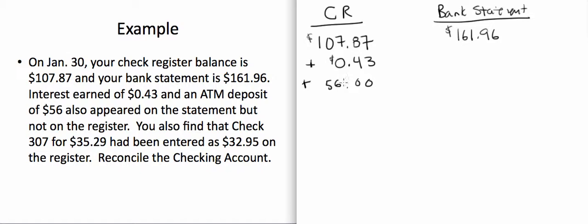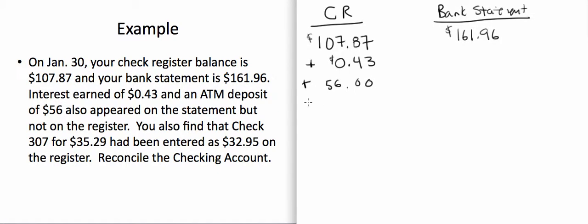Okay, and now it says you find that check 307 that you wrote. You actually wrote it for $35.29, but you only recorded it as $32.95 in your check register. So you got to fix that.